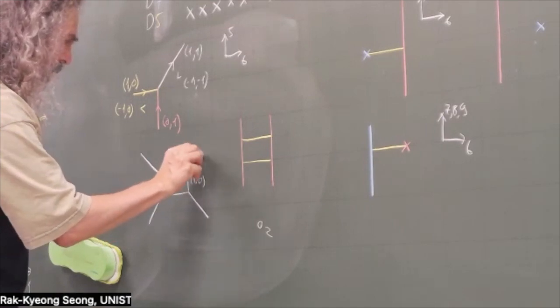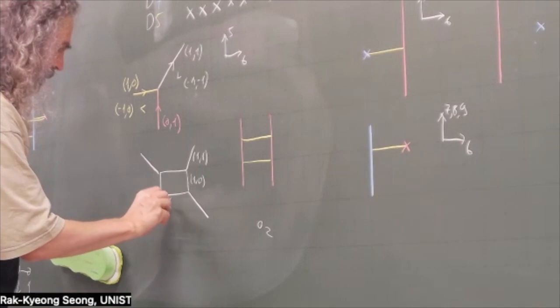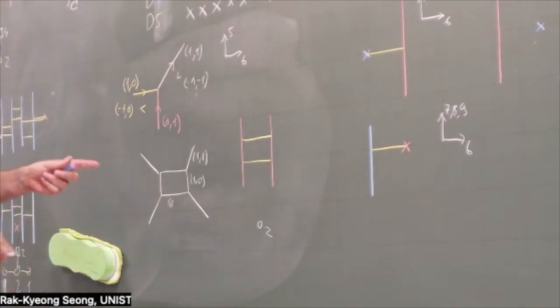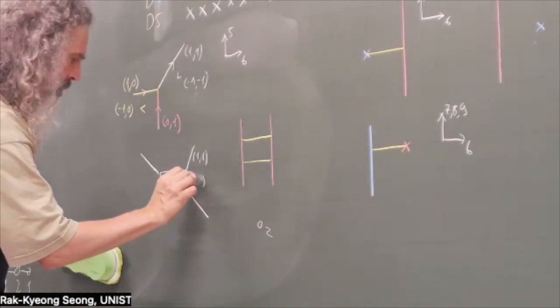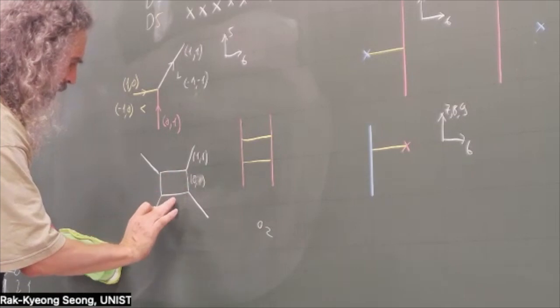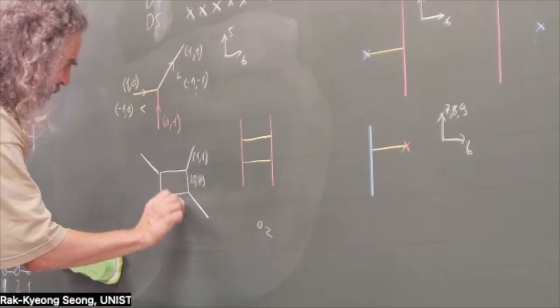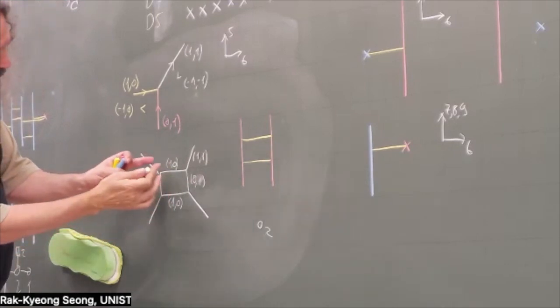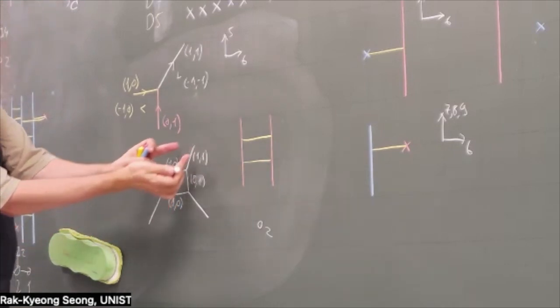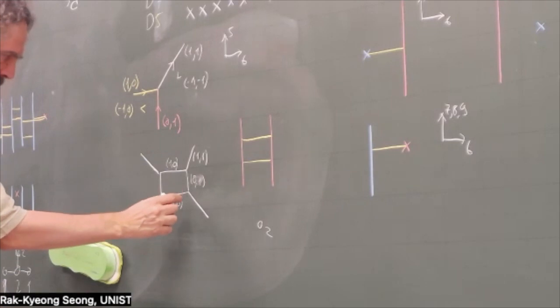This is (1,1). This is (0,1). Wait, the conventional is, so this is (0,1), (1,0). So (1,0) and (0,1) come together and make (1,1).